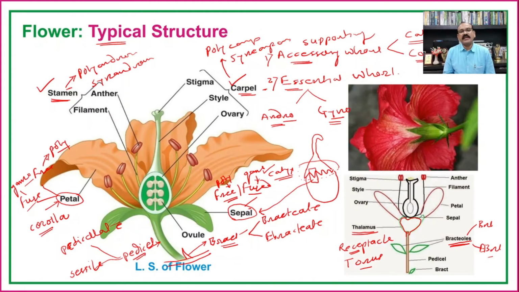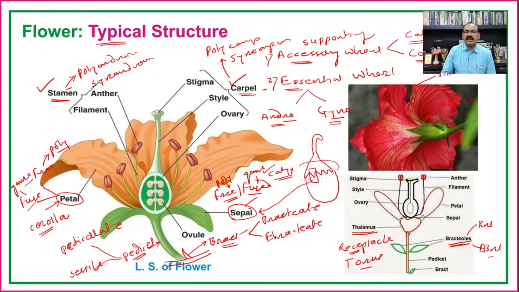So in this way we can describe the typical structure of the flower. But in some other plants like the hibiscus, that is China rose, Hibiscus rosa-sinensis, in which we are seeing here this one, there is an extra structure or whorl present outside the calyx.